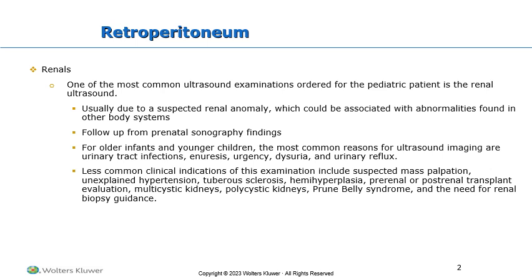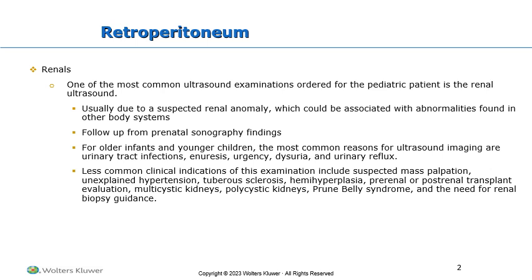Oftentimes we're following up with our newborn patients when they found a prenatal sonography abnormality or suspicion. And so we are looking at these newborns to see if the findings are continuous or if it's something that has resolved.